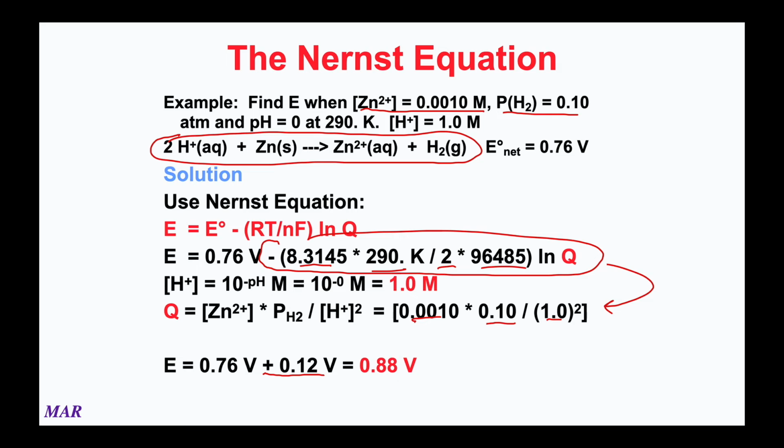Whoa. Okay. Why this is more positive than the standard condition is because our zinc 2 plus and hydrogen gas are less than standard. Like zinc 2 plus standard would be 1 mole per liter and it's 0.0010. And the pressure of H2 normally would be 1 atmosphere and this is 0.1 atmospheres.